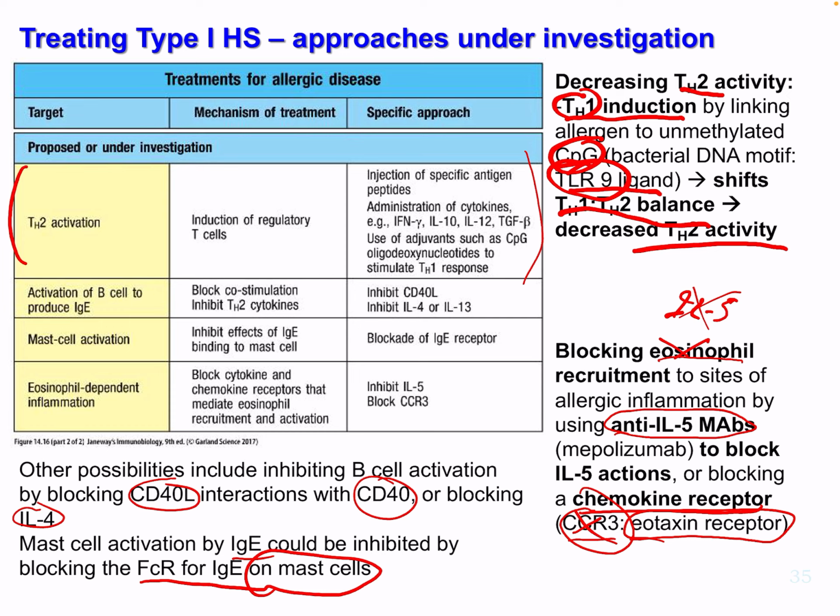Can we block Th2 activation of B cells to produce IgE, mast cell activation, and eosinophil-dependent inflammation? Can we inhibit IL-5, block CCR3, block the IL-3 receptor, inhibit CD4, IL-4, and IL-13, and administer cytokines such as interferon gamma, IL-10, IL-12, and TGF-beta to stimulate that Th1 response and switch the balance?